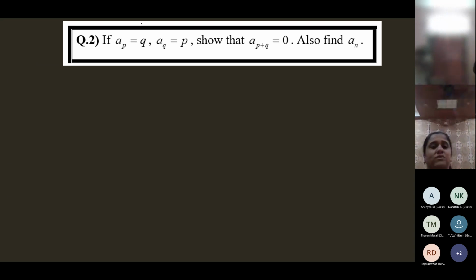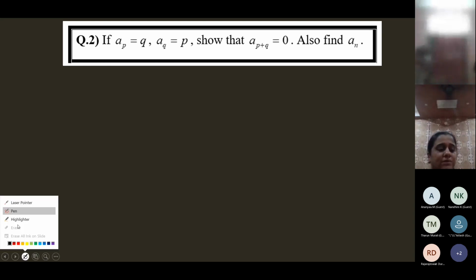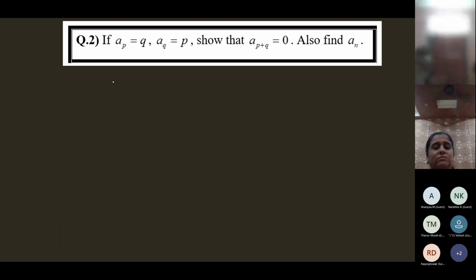Here, if in an AP the Pth term is Q and the Qth term is P, show that the P plus Qth term is 0. Sometimes it will be completely given in words, children.